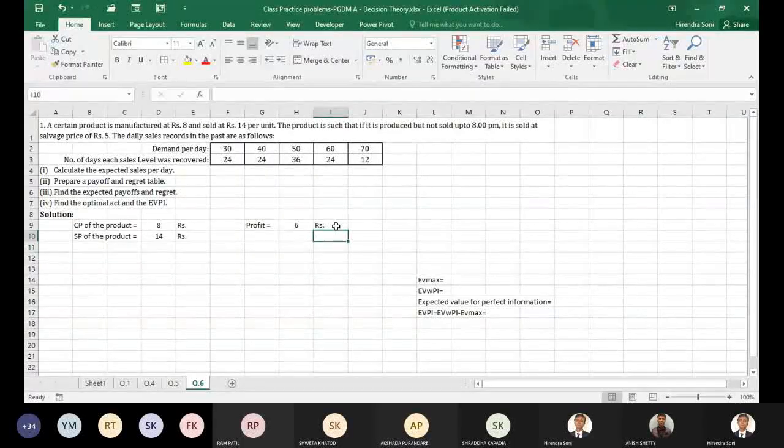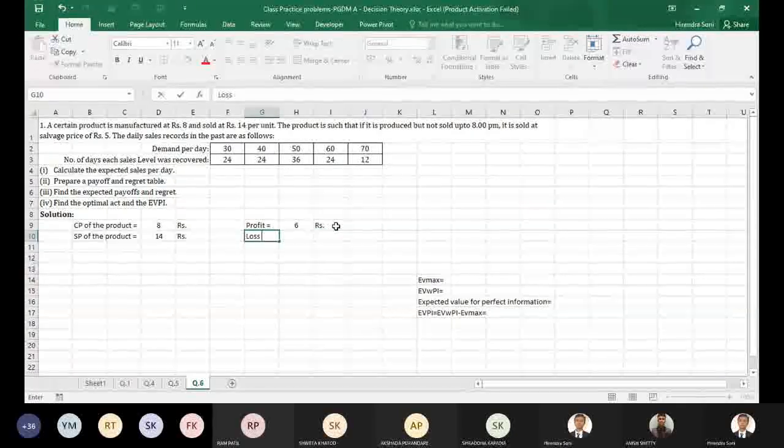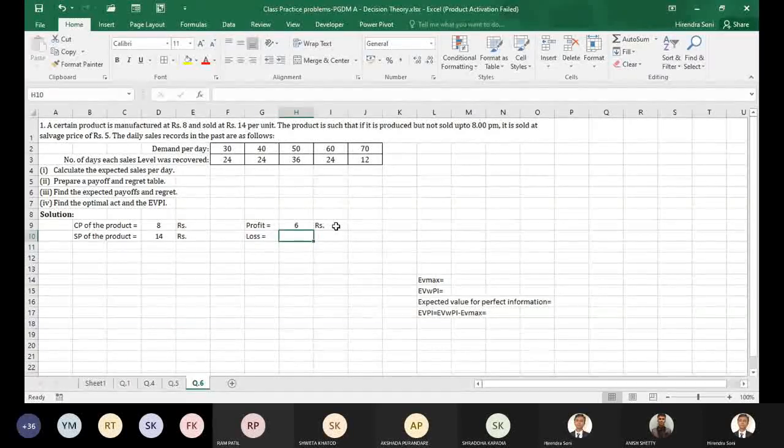Okay. The product is such that if it is produced but not sold up to 8 p.m., it is sold at salvage price of rupees 5. Okay. So that means loss कितना होगा? यहीं पर पहले लिख देते हैं salvage price भी.